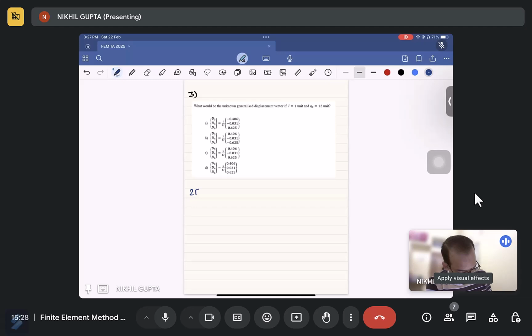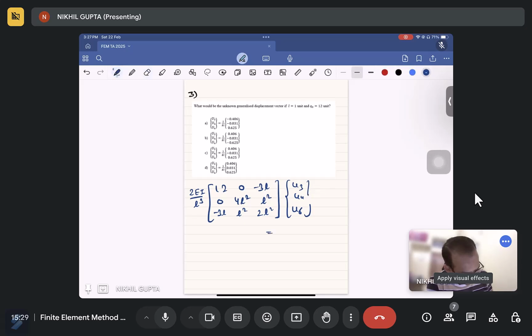This is 2EI by L cube times the matrix 12, 0, minus 3L, 0, 4L square, L square, minus 3L, L square, 2L square, times U3, U4, and U6, along with Q0 L by 12, 6L, 0.